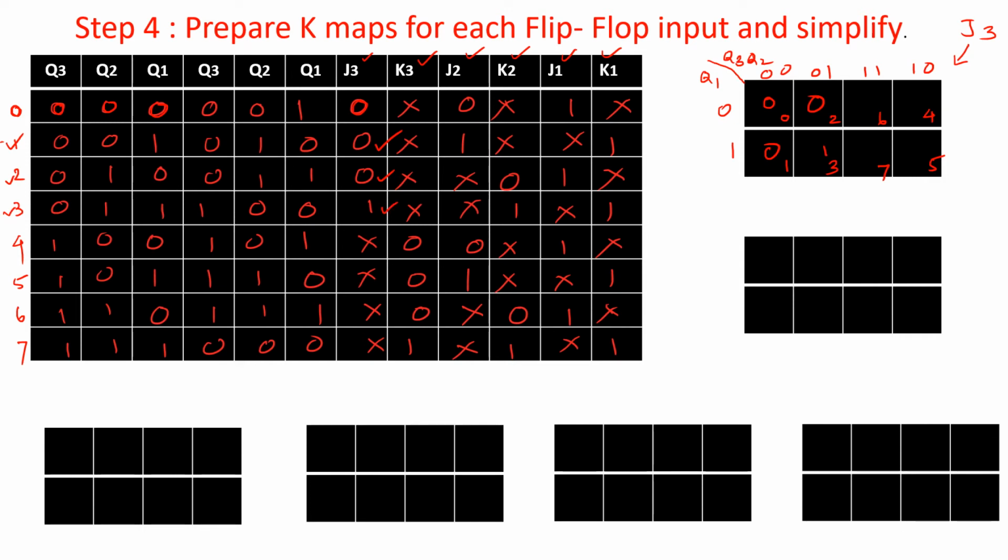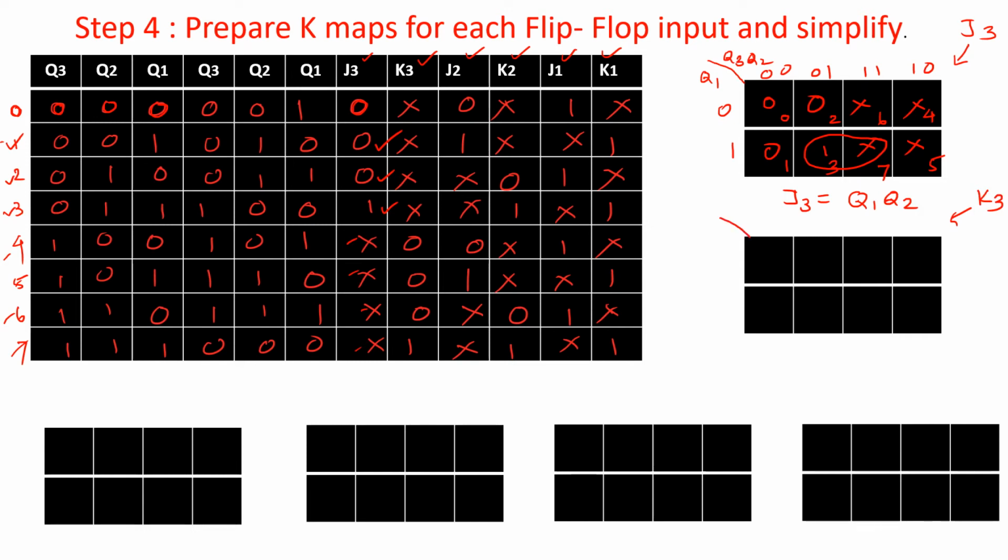And for 4, 5, 6, 7, J3 is don't care. Here it is don't care everywhere. If we simplify the K-map for J3 now, we will get a pair from this. So answer for J3, we will get it as Q1, Q2 after simplification.